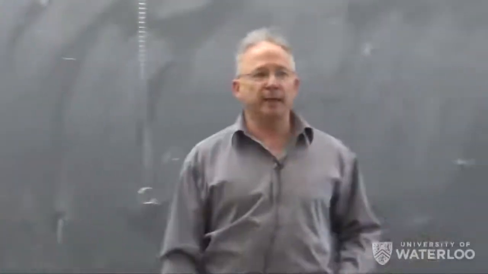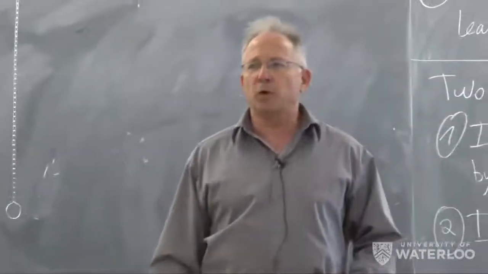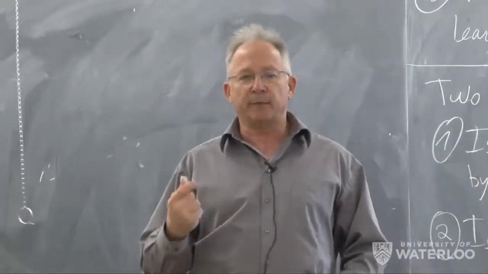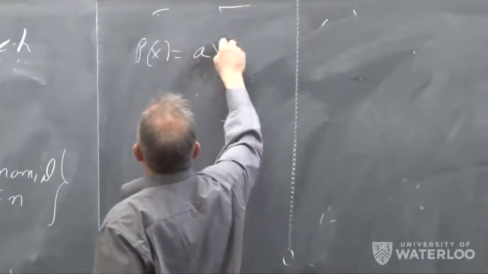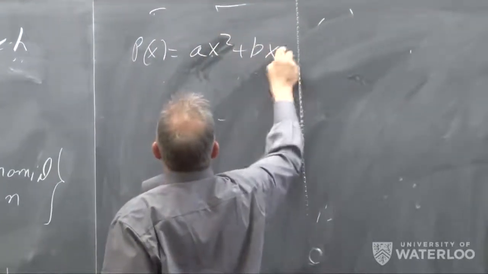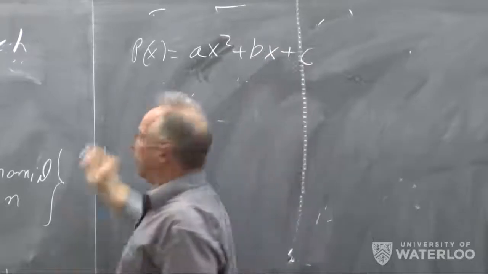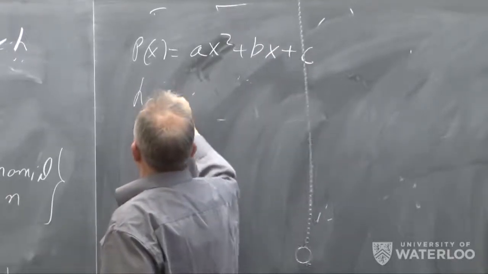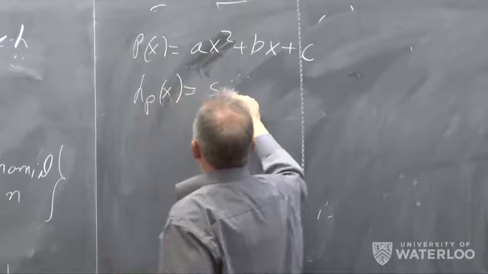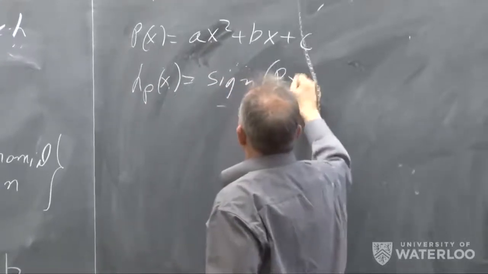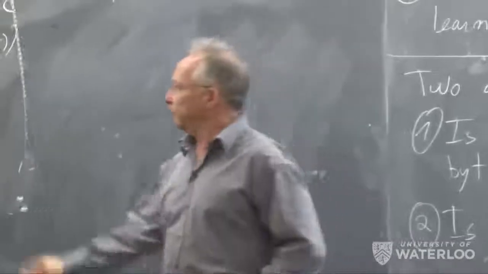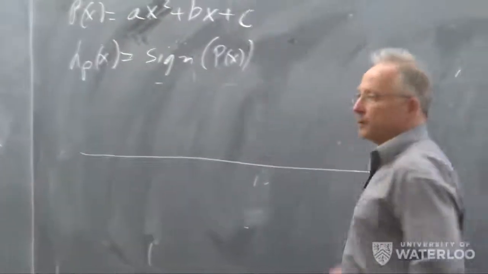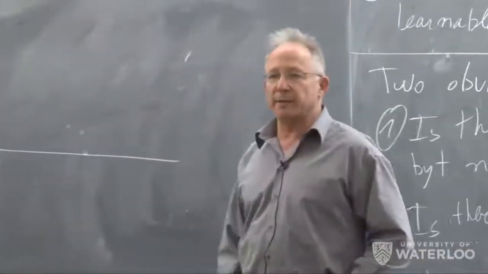If I want to describe it geometrically, I take a polynomial P of x is ax squared plus bx plus c, and I look at the function HP of x, the sign of P of x. How does it look? I mean, geometrically on the line, where will be the 1s and the minus 1s of this function?